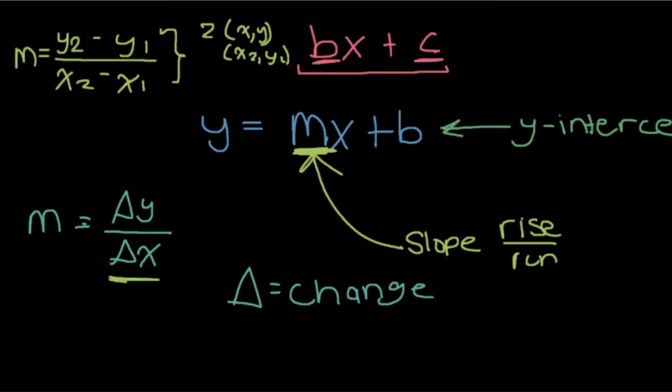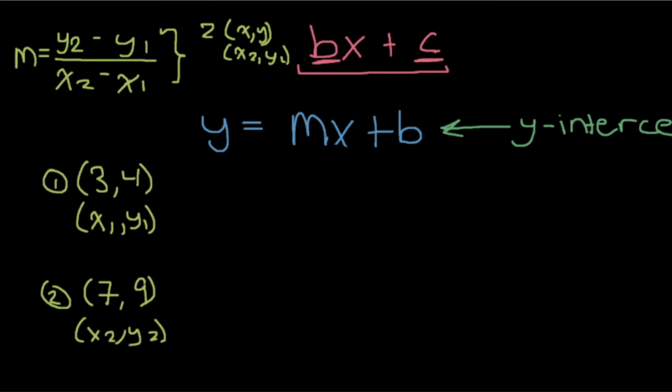Alright, so let's do a question like this. Let's say you have the set of coordinates 3, 4 representing our x1, y1 variables, and you have 7, 9 as the other set of coordinates representing our x2, y2 variables. Something you should know is I put the x1, y1 over here, and the x2, y2 over here.